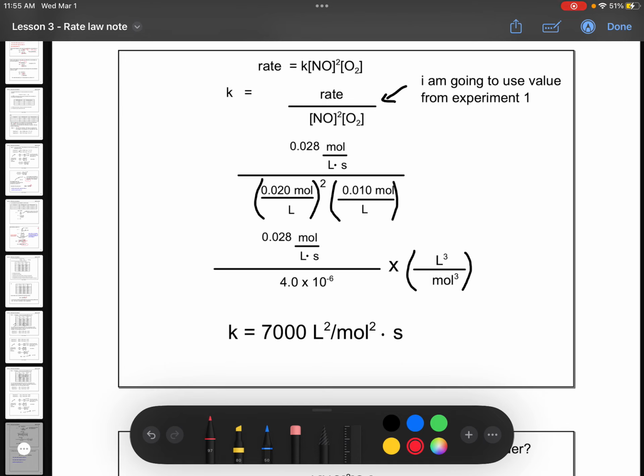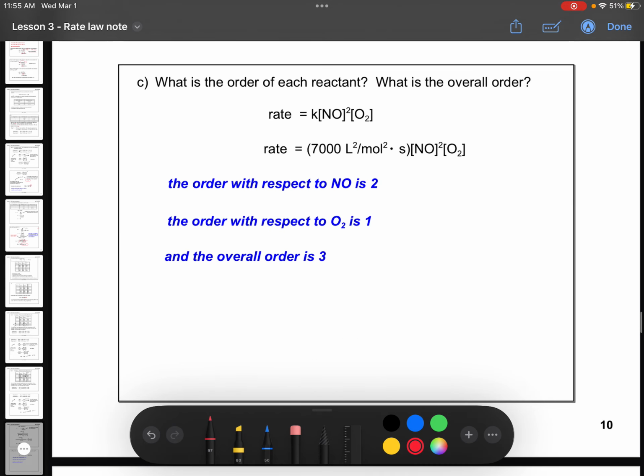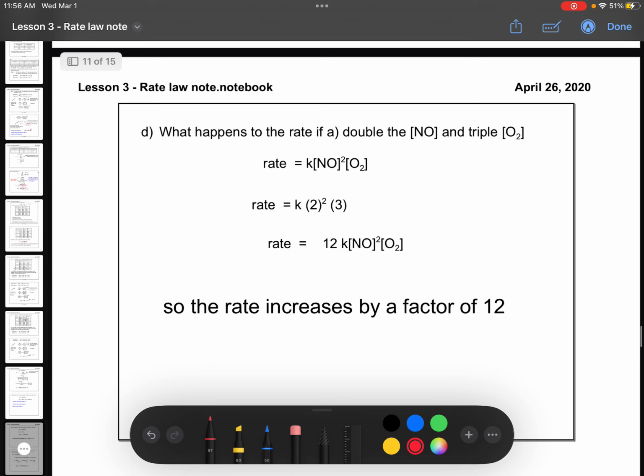Then we were able to find the rate constant based off of only one experiment. And we found the units of measure. And then the order is based off of the following. So because there was 2 NOs and 1 O2, that means our overall order is 3. So we're just adding up the sum of our exponents.